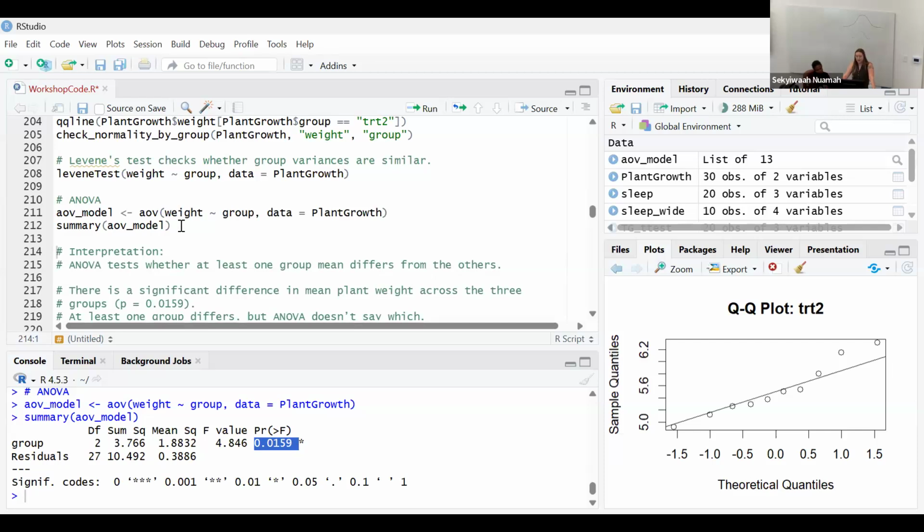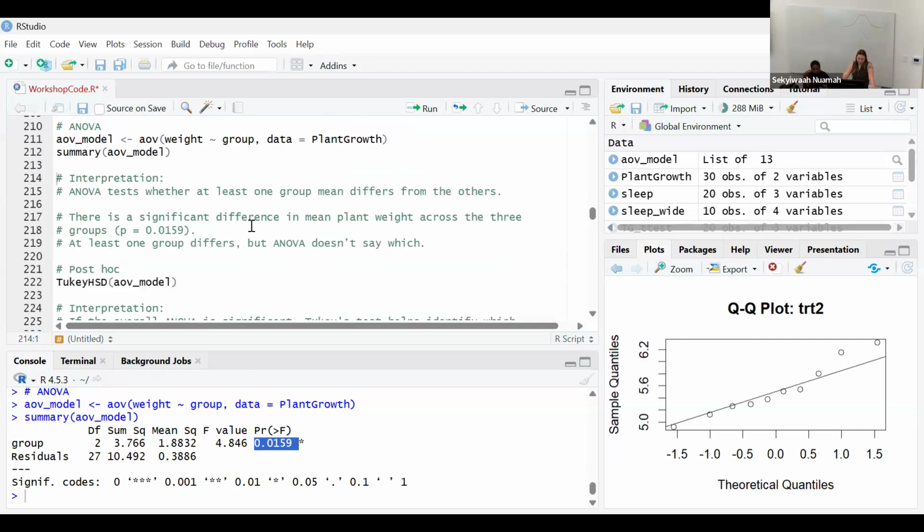The ANOVA doesn't tell us which one. It doesn't tell you if it's control and treatment 1, or if it's treatment 1 and treatment 2, or control and treatment 2. It just tells you that, yeah, there is one. Okay? So that's why we do this test here.